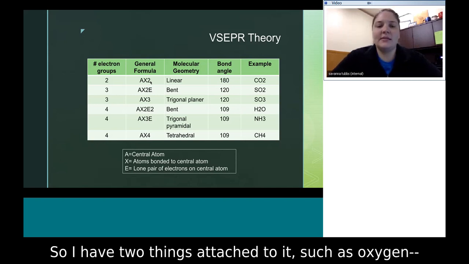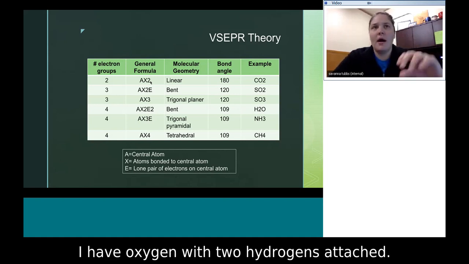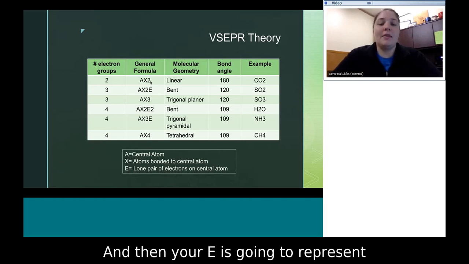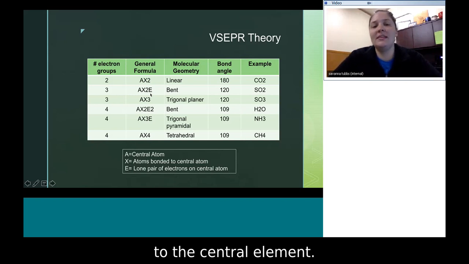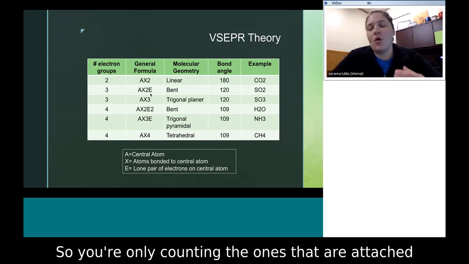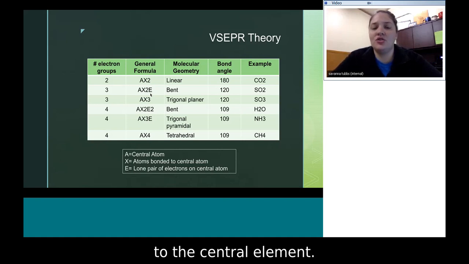So I have 2 things attached to it, like in water, I have oxygen with 2 hydrogens attached. And then your E is going to represent lone pairs of electrons that are attached to the central element. So you're only counting the ones that are attached to the central element.